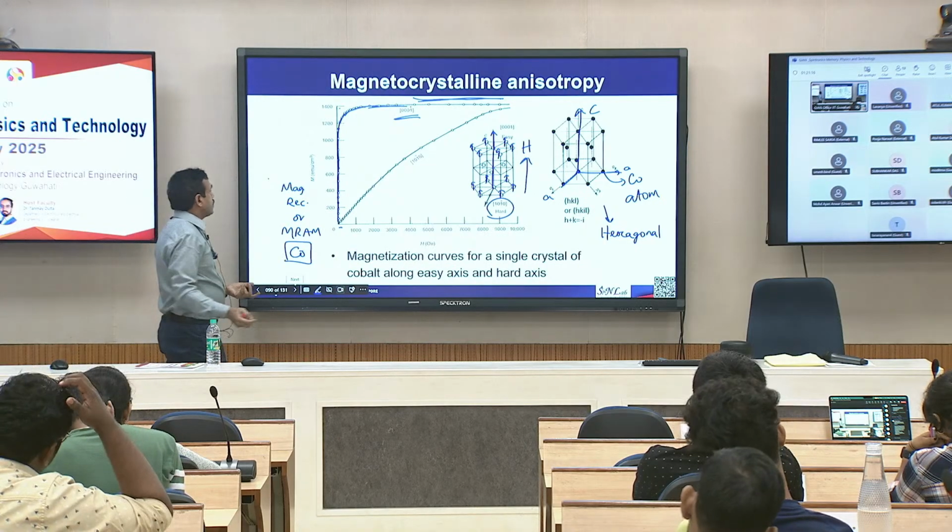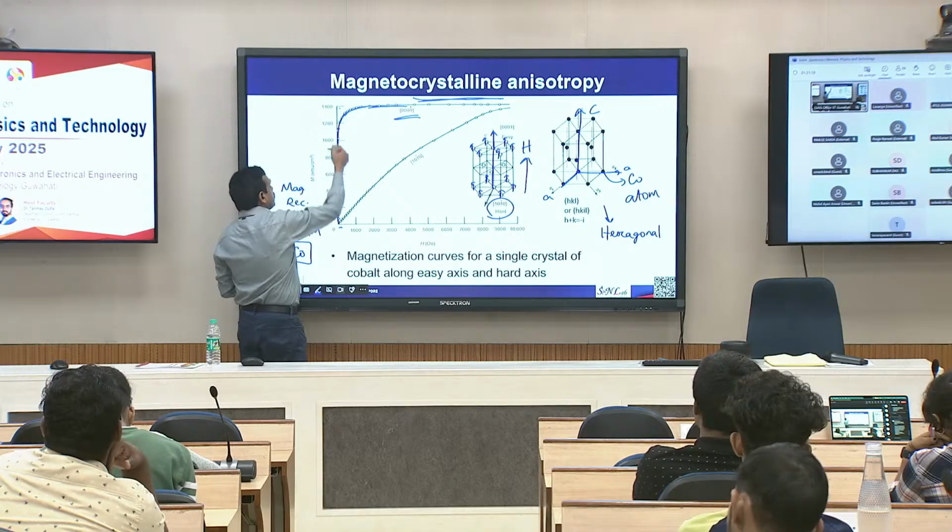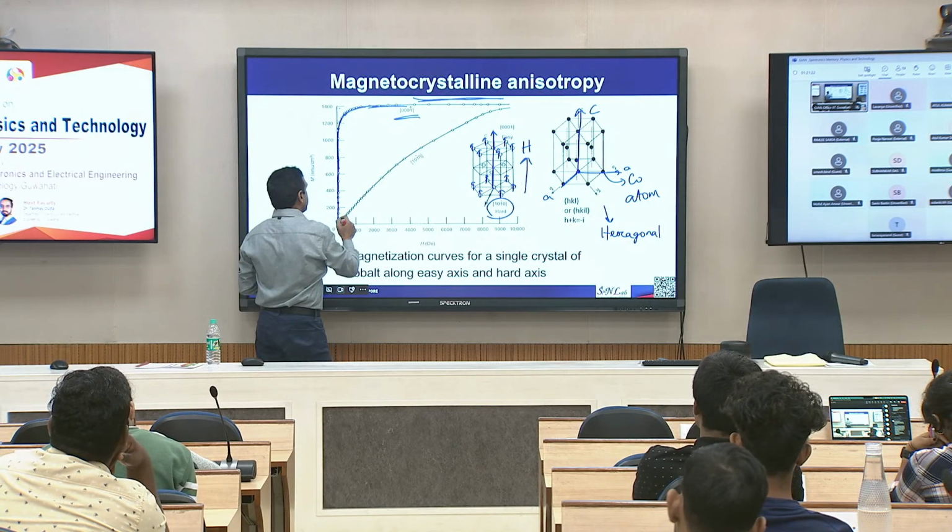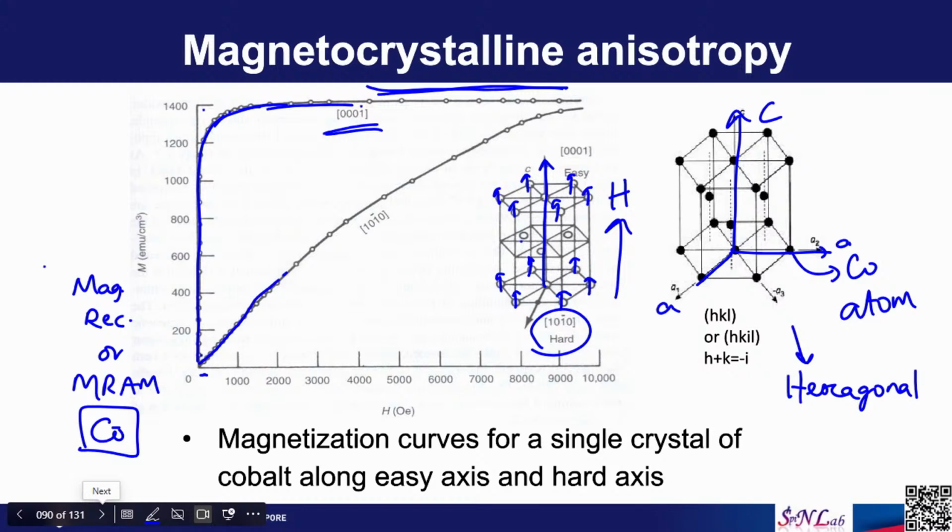Then you notice that the magnetization does not increase sharply, it increases almost linearly, slowly. Finally, at a very large magnetic field, it becomes comparable to the magnetization in the easy direction. What happens during this time is that at 0 field, all the magnetization is pointing up. Then as you increase the magnetic field, let us say this is the original direction of the magnetic moment of one cobalt atom.